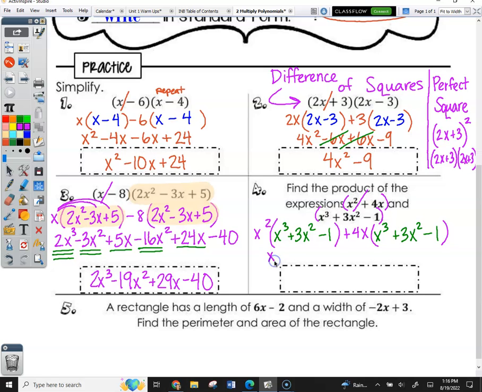Okay, don't look up here until you've completely tried it. Not going to serve you any good if you're just copying it down.